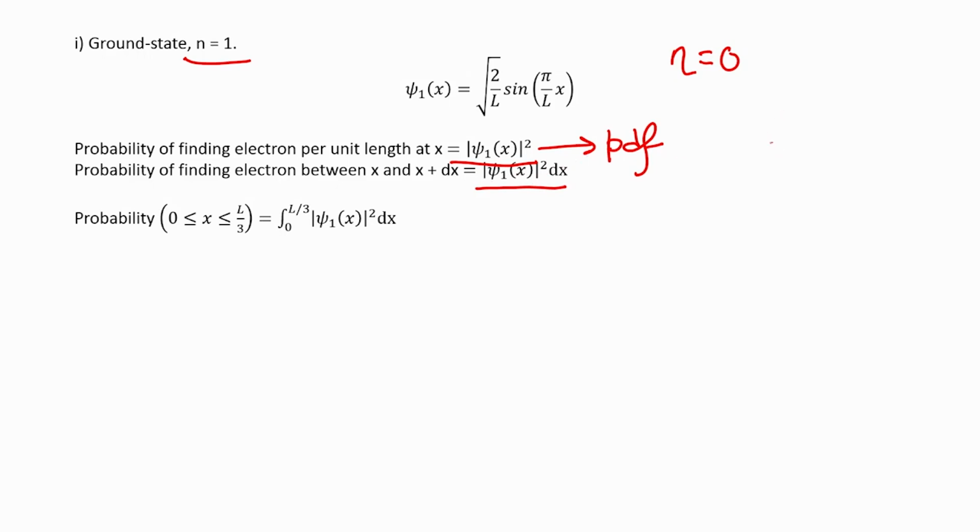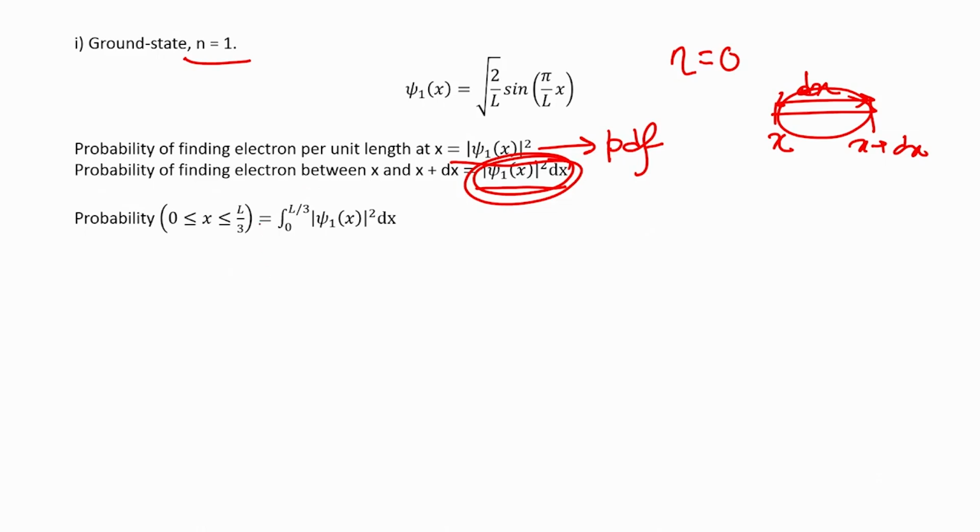So this is your dx length, and the probability of finding the electron in this dx length is given by this expression. So the probability of finding the electron between 0 and L by 3, you have to integrate this expression from 0 to L by 3.